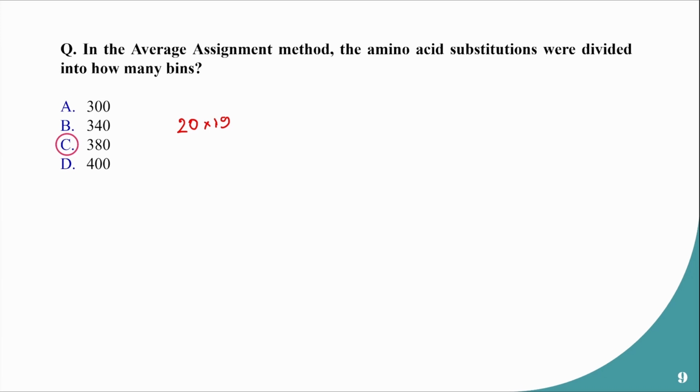So you have a total of 20 times 19 categories of values that you can put your data in. In that sense, the bins are taken as 380 in the average assignment. So basically, how many total boxes you have where you can put your data, and each of these boxes represents a certain mutation, from one amino acid to another amino acid. You can think of it that way.